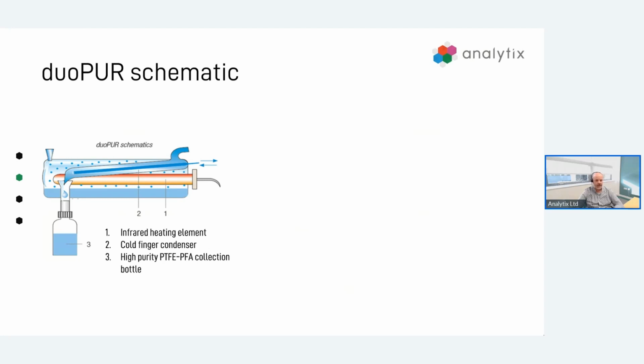So we have a large quartz still, and in the top left corner you can see a little funnel, so that's where we fill the acid into. So we place the reagent grade acid into this quartz still, and then number one on this schematic is an infrared heating element. This is what is used to gently vaporize and heat the reagent grade acid so that we don't get any bubbling, spitting, or transference of the contaminants from the reagent grade acid into the distillate.